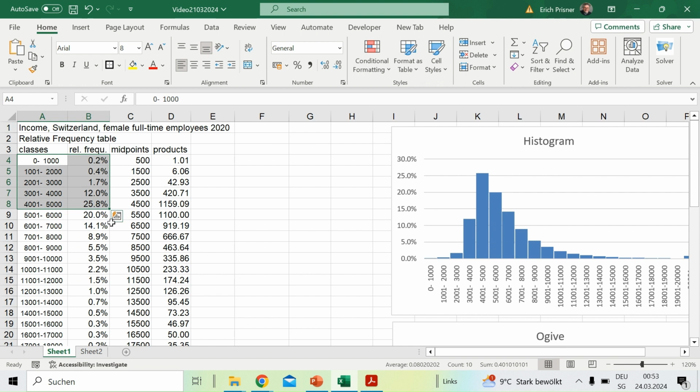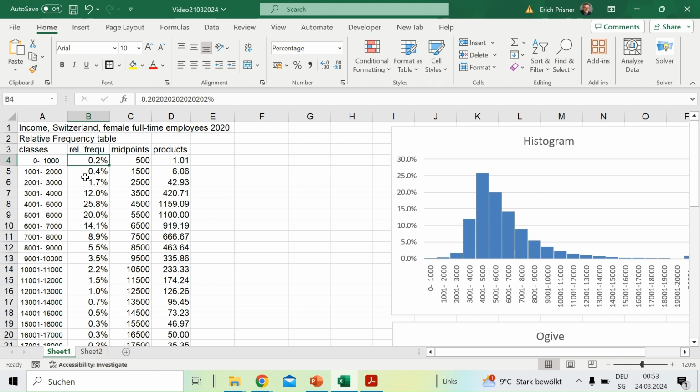Now, the problem with this approach is that the total amount of money is not known, because we don't know how many female full-time employees we have in Switzerland. Of course, we could look this up. And so we need to know how much money these 0.2% of the population make.